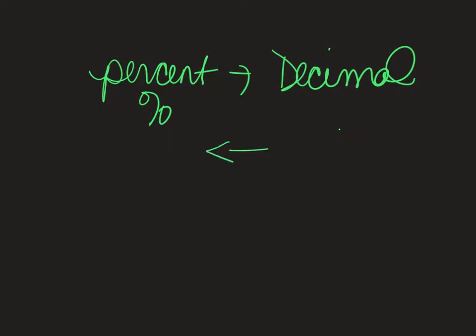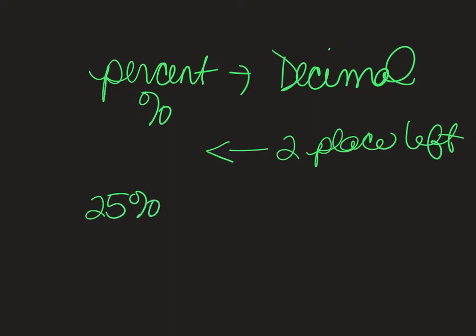Moving your decimal 2 places to the left. Okay, so if you're asked to write 25% as a decimal, you would simply move your decimal 2 places to the left. Your decimal is here, so you jump 1, 2, which would be 0.25.